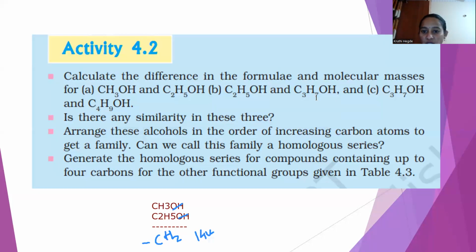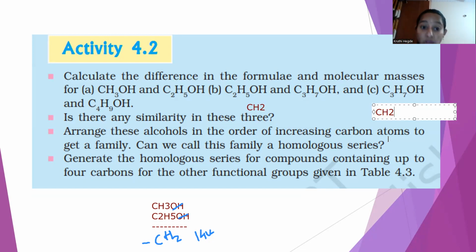Next, for C2H5OH and C3H7OH. If you see here, in case of these two, carbon is 1 extra. So C and H5, H7. Hydrogen is 2 extra. And if you see C3H7OH and C4H9OH, 1 carbon extra and hydrogen 2 extra. Again, molecular mass is 14U difference.